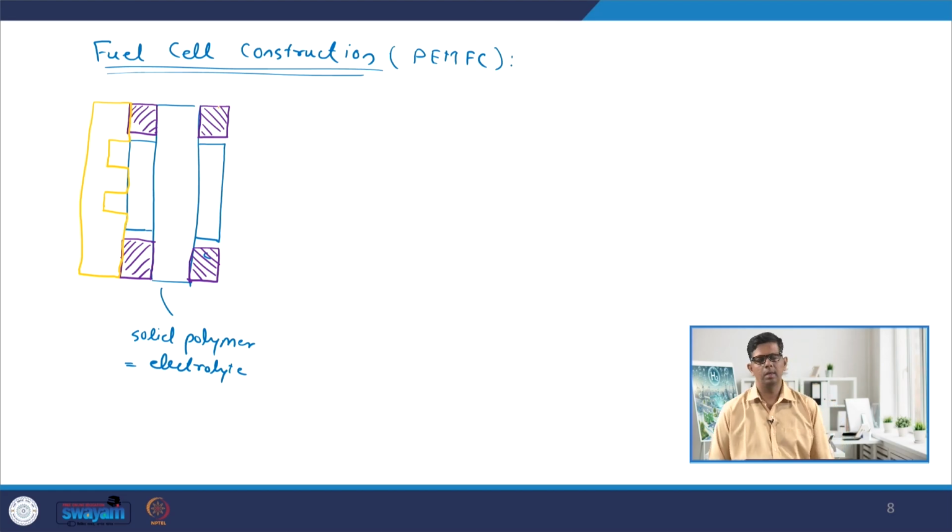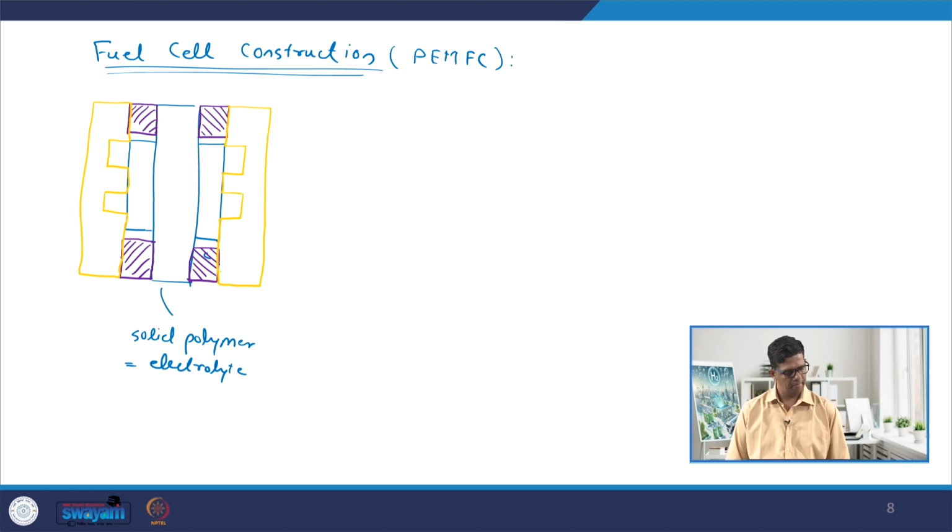If you take an example of a fuel cell or electrolyzer, both of these electrochemical systems are very symmetric in nature. So, whatever we have on the anodic side, similar things will be present on the cathodic side. So, this is your bipolar plate. Let me write it as bipolar plate.